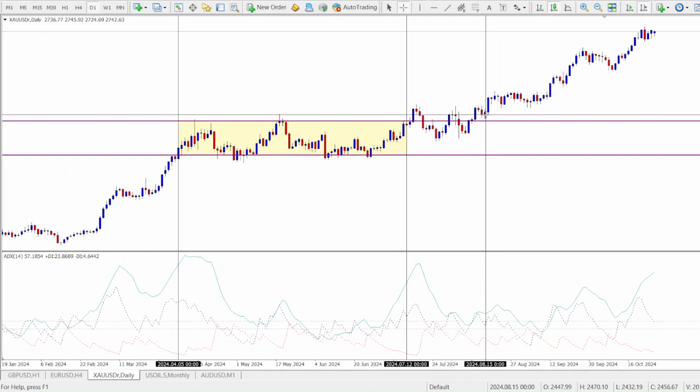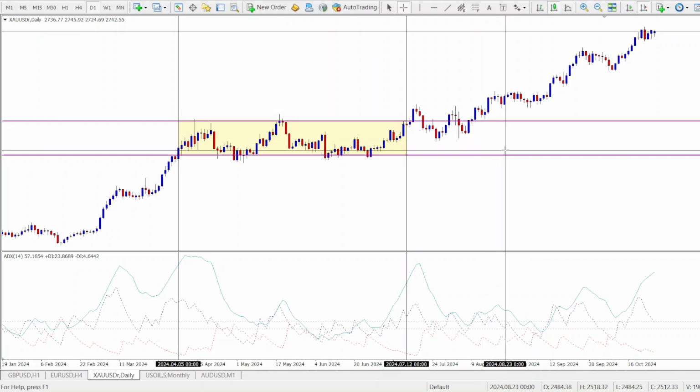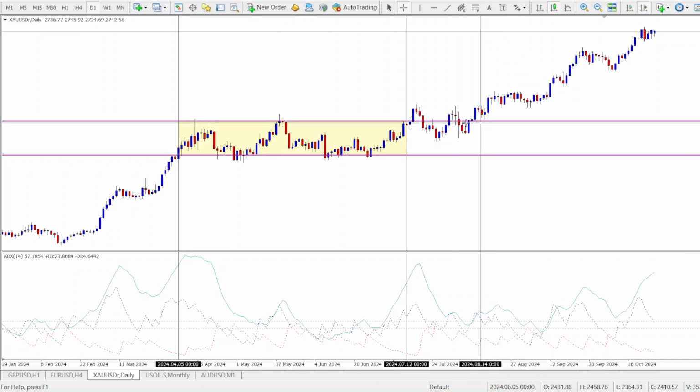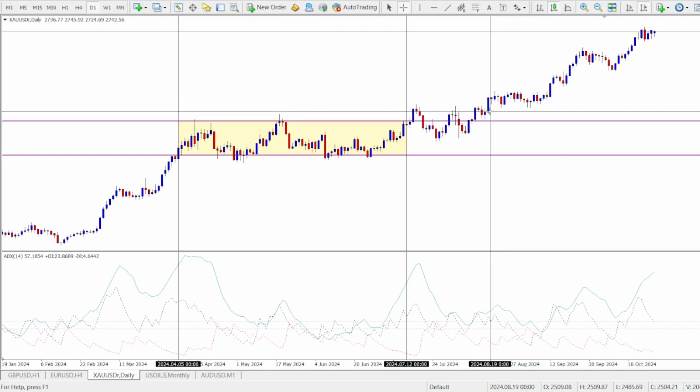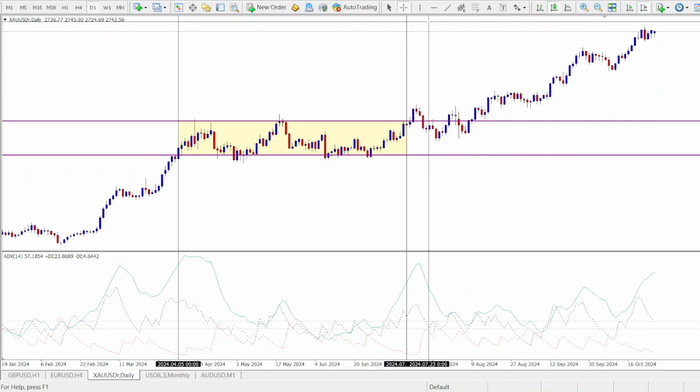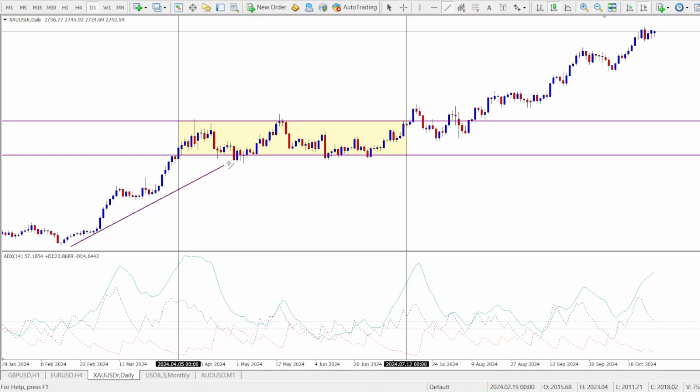For example, we had a doji forming around here, and remember that the doji is a candlestick pattern that indicates a possible reversal. Having formed just at the support zone, it indicated a possible reversal, and we can see that eventually the price actually reversed and the bullish move continued, because the price was in a bullish move before this consolidation started.